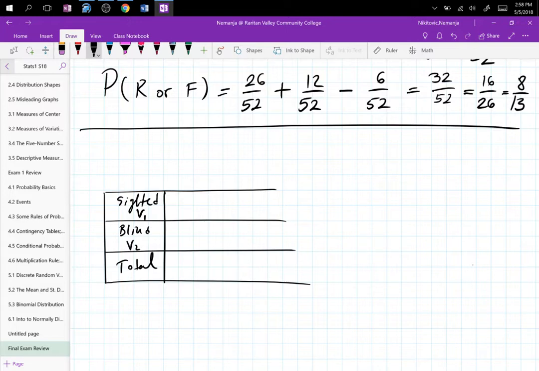So: sighted, blind, and total. It's V1 and V2.